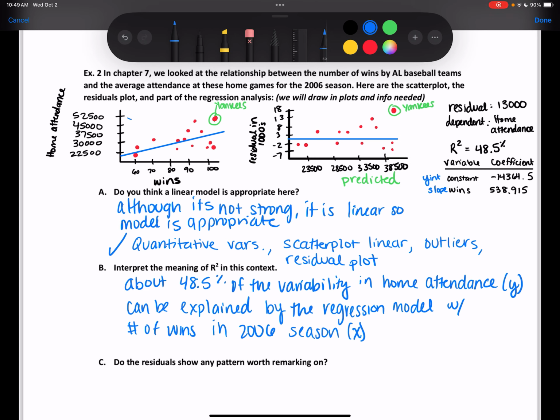All right, so do the residuals show any pattern worth remarking on? Looking at the distance from this line, what do we notice? These points compared to the line.